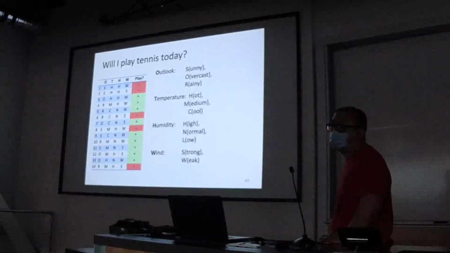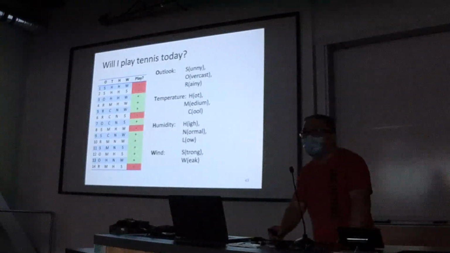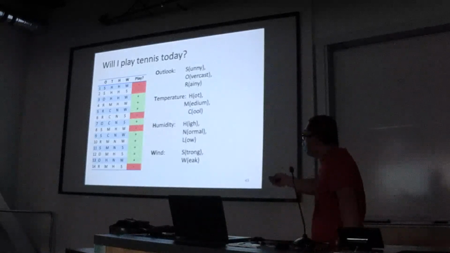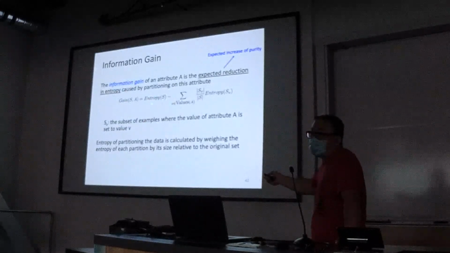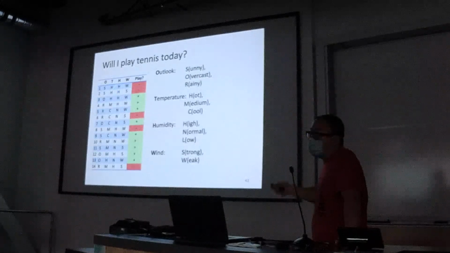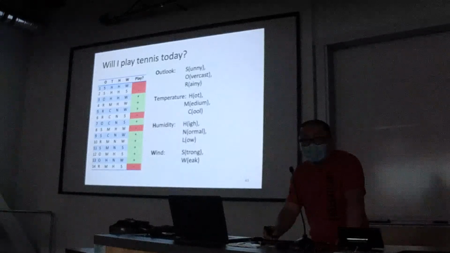Remember, to compute the information gain, we need to first compute the entropy of the whole data set before splitting. This is shared by all the features. If you look at the definition here, this Entropy(S) has nothing to do with A. So we can first calculate the entropy of the whole data set once, and use it for each individual feature.